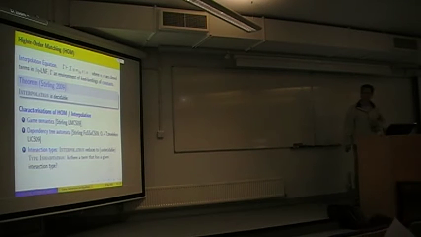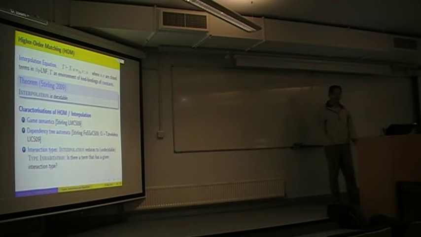This is the interpolation problem, and it is known that this, as a decision problem, is equivalent to higher order matching. Colin Stirling in 2009 was the first to show that higher order matching, equivalently interpolation, is decidable. Now, I want to talk about a number of characterizations of the interpolation decision problem. The first one is by game semantics, as introduced by Colin Stirling.